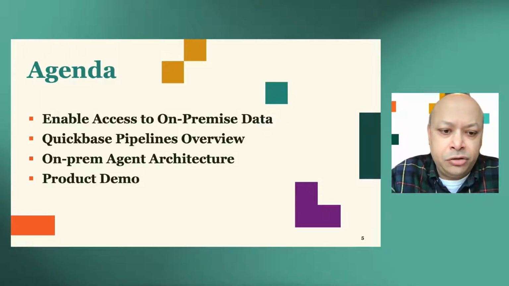Then we are going to go over the Onprem Agent architecture, go into the details of how it's hosted, how it's set up, so you have a good idea of how to operationalize it. And then we are going to jump into the demo of how it works and how the data moves back and forth.